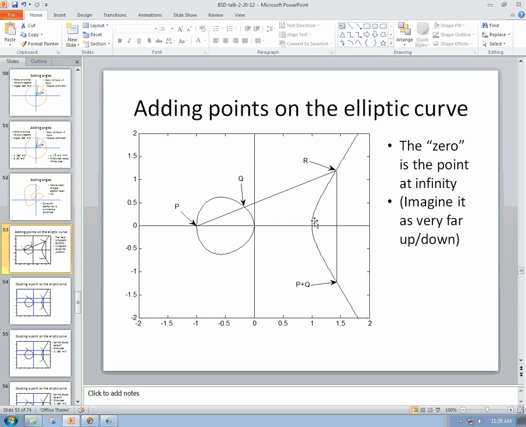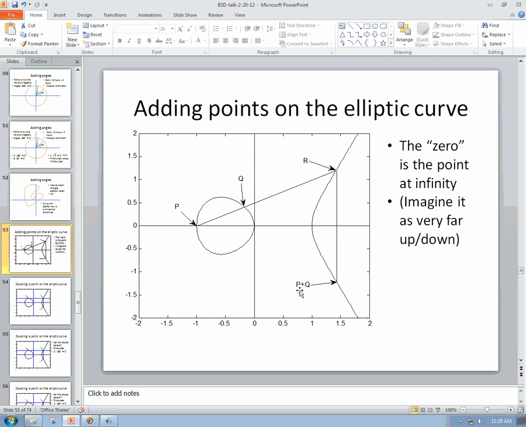Well, it turns out this curve goes up and it kind of bends to the right here, and then it's hard to tell on this picture, but then it actually starts bending gently to the left as it goes up. And it goes up, up, up, and there is a point at infinity in exactly the vertical direction, either very far up or very far down. So there's one point that's way, way up or way, way down, and we use that. Turns out that's the 0 of this addition.